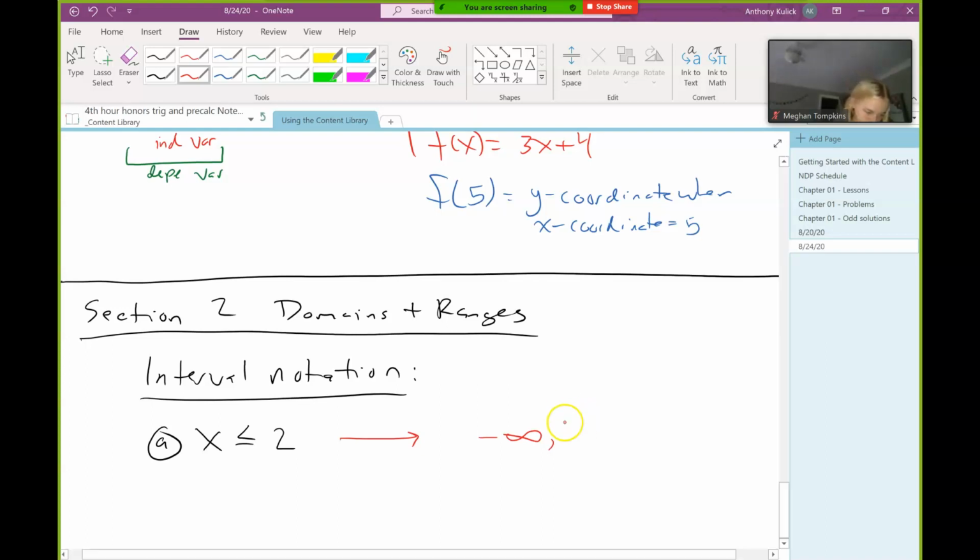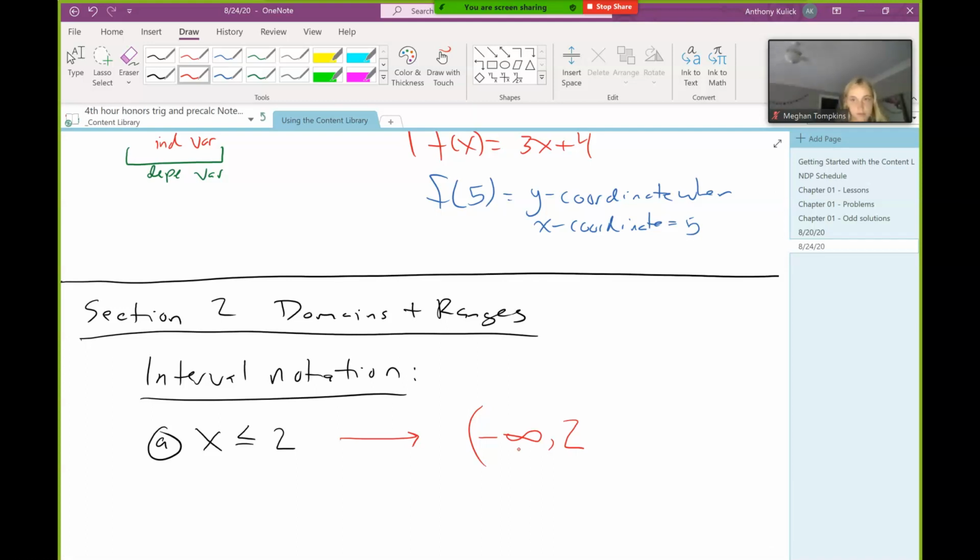What's the biggest number that's less than or equal to 2? 2. Okay? Now we have to decide whether each end of this gets a parenthesis or a bracket. With the infinities, we know that we always use the parentheses. And then to decide whether I should use a bracket or a parenthesis for a number, I have to look at the inequality symbol.